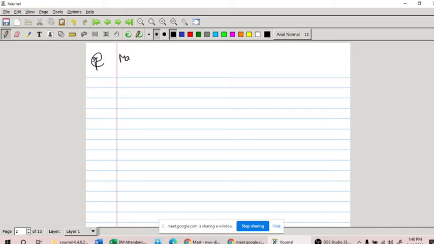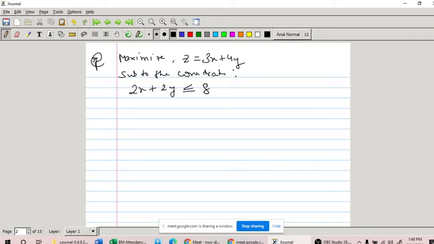So the z function is: maximize z = 3x + 4y, subject to the following constraints. What are these constraints? Number 1, 2x + 2y ≤ 80. 2x + 4y ≤ 120, and your non-negative constraints.